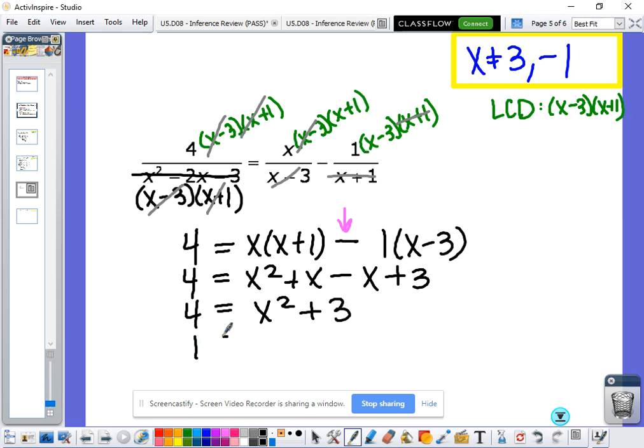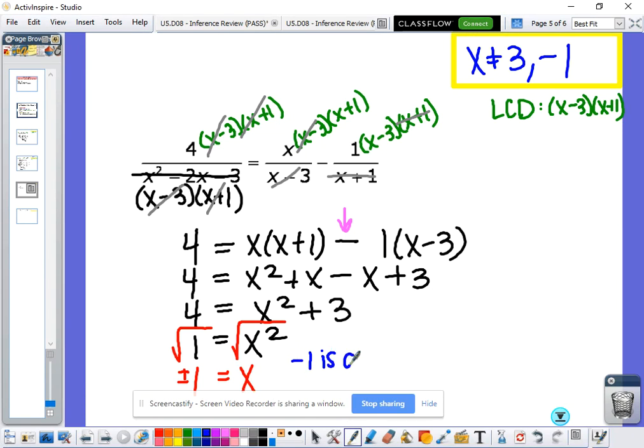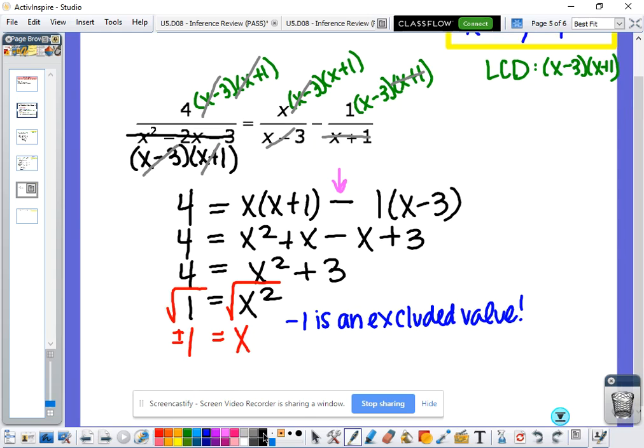If I subtract 3 over, I just get 1, and then I will square root both sides. And remember, when you draw a square root, you need to remember plus or minus out front. But if I go back and check my excluded values, negative 1 is an excluded value. So my only solution that works in this particular case, the only one I'm able to box in, will be positive 1.